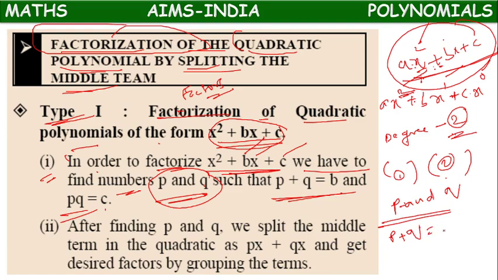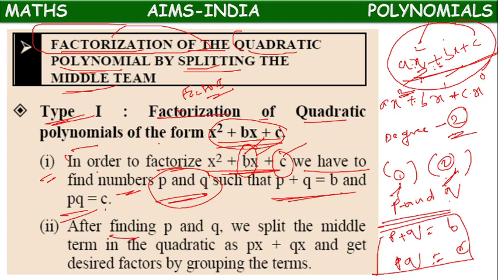The sum of the two numbers should be equal to the coefficient of x, which is b, and the product of the two required numbers is equal to the constant c. The two numbers should satisfy these two conditions, and we have to find such numbers.